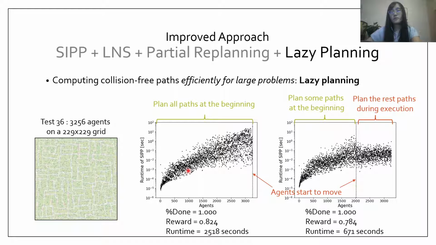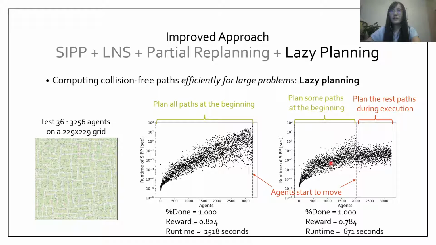But then, after we already plan paths for many agents, the path for the future agents has to avoid collisions with the paths of all previous agents. And therefore, the time for the path planning grows exponentially. So in this instance, eventually we took more than 2,500 seconds to solve the problem.